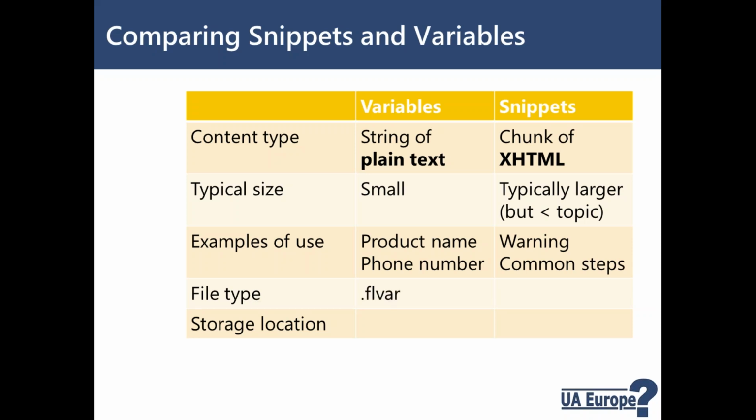As far as file types go, variables are stored inside the project organizer in an XML file with an FLVAR extension, Flare variable. And you're going to typically store multiple variables within that file. You might have a variable file that has 10 variables with their associated definitions in.